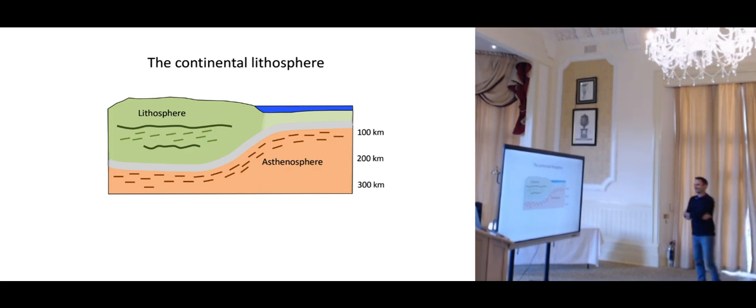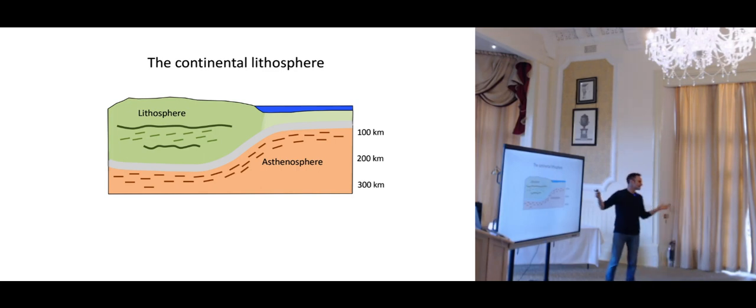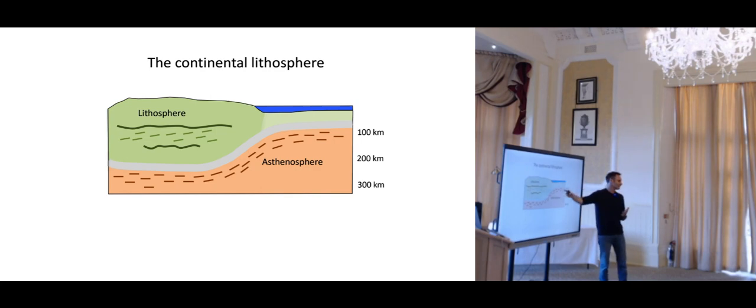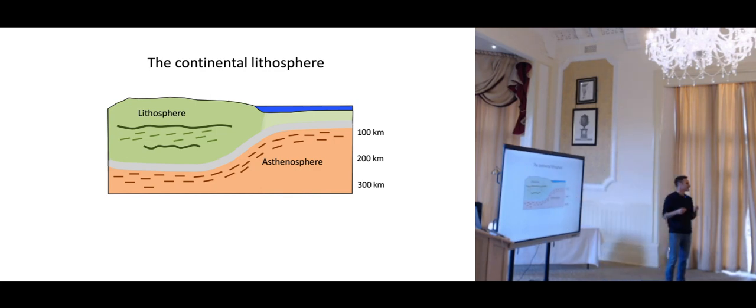So here is a cartoon of how we see continents in global seismology. There are a lot of questions as seismologists that we are trying to answer. For example, a classical old problem is what is the nature of the transition between the rigid lithosphere, the continents, and the asthenosphere that is less viscous and able to deform?